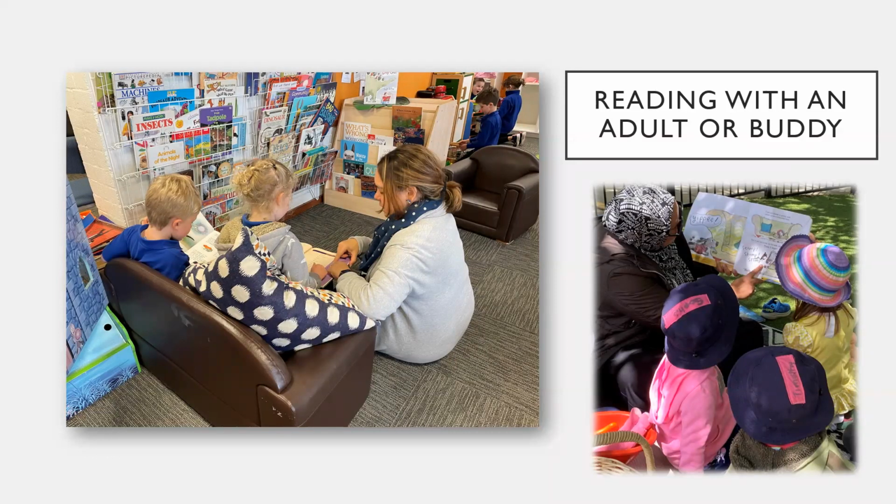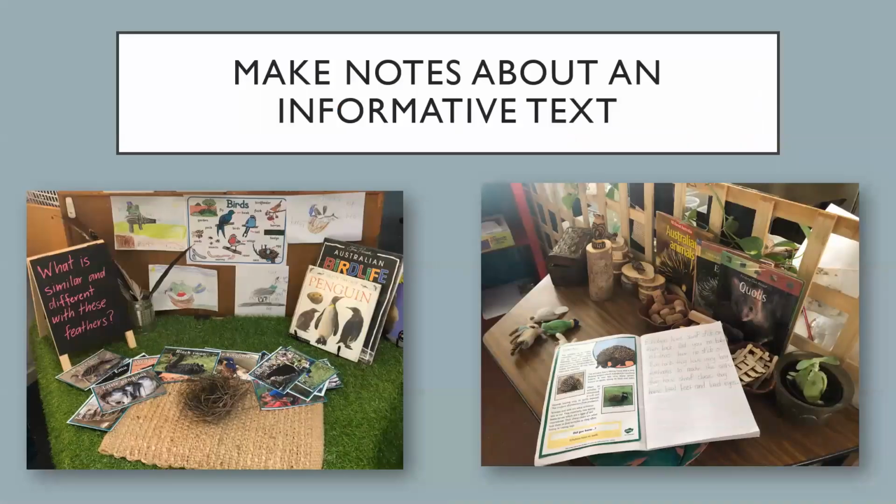Remember the essential instructional practices that this adult is doing is pointing to the words as this book is being interacted with young learners, so that they are learning, maybe it's the concepts of print, that directionality. They may be focusing on a particular letter sound relationship, as well as more connected text that they might be reading at another time. So make use of the adults that are available in your room.